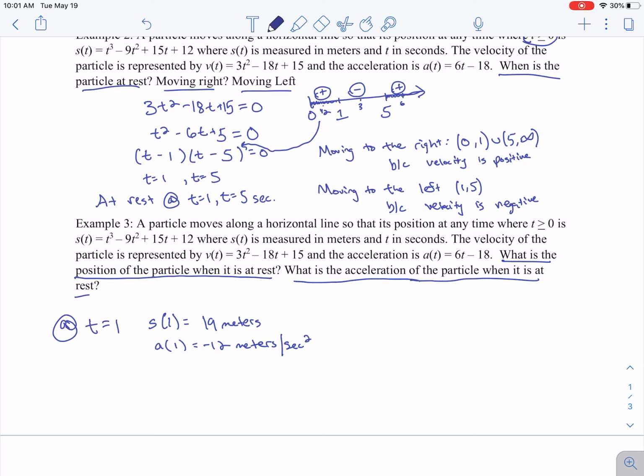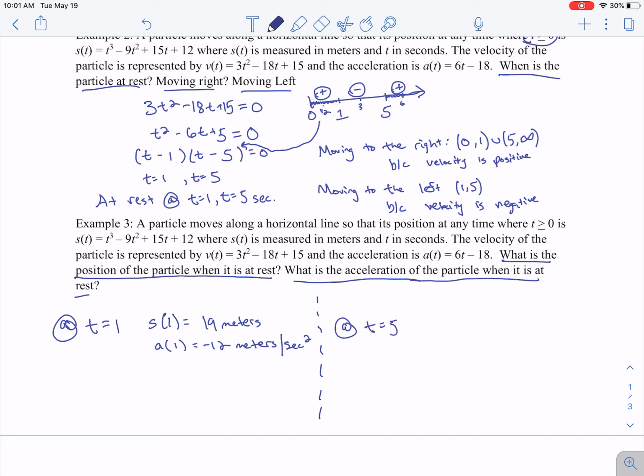But this is just for a split second that the velocity is 0. Just imagine running in one direction and then quickly turning around into another direction. You're still accelerating, even though at that exact point where you turn around, your velocity is 0.